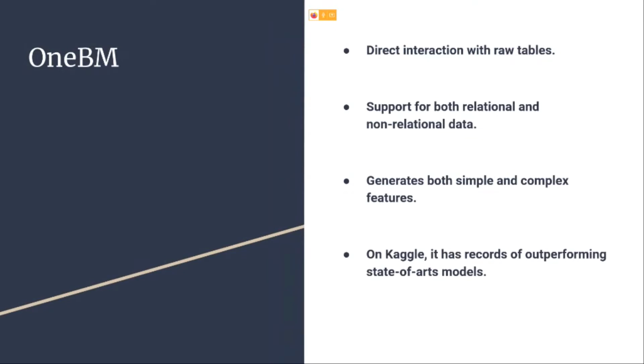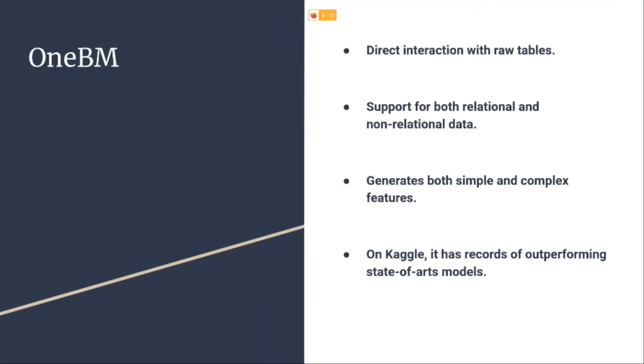The next one is 1BM. This is the most advanced tool that I have used till now. On Kaggle, we have seen that it has a record of outperforming state of the art models.